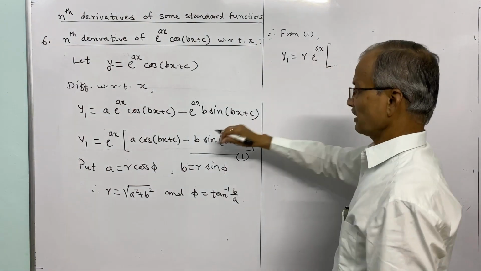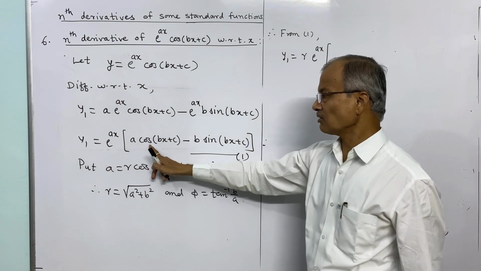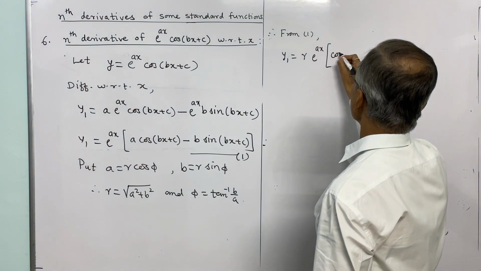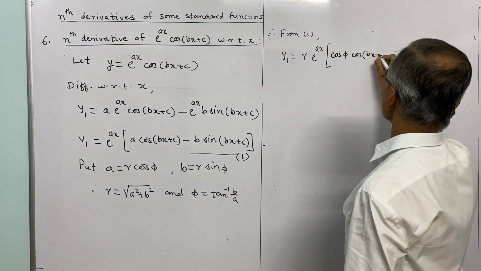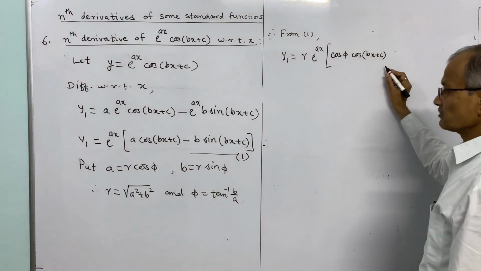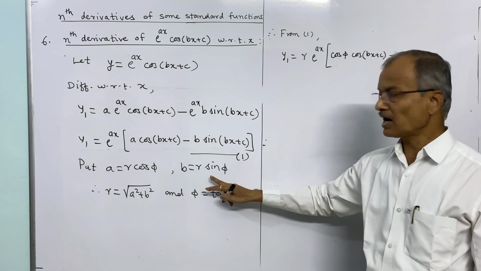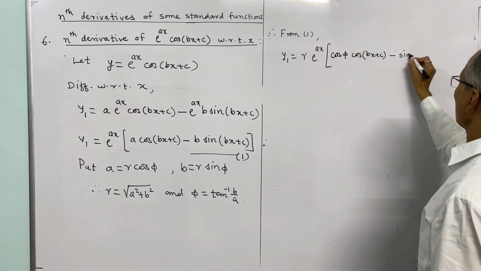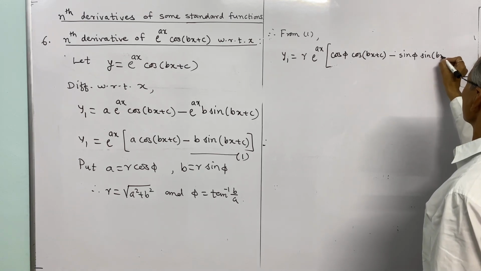E to the power ax is there, and r is common, so in the bracket cos phi cos of bx plus c, and next is minus b. The value of b is r sin phi. R we have written outside, only sin phi will remain here. Sin phi sin of bx plus c.